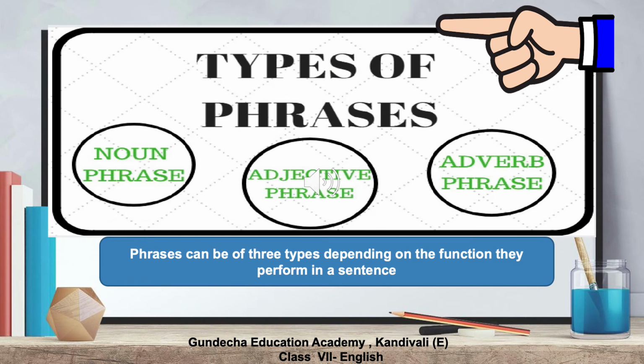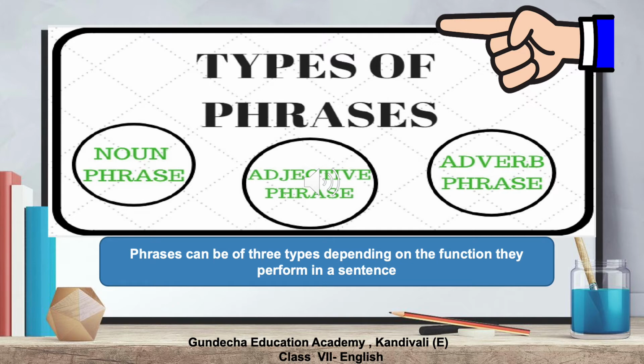Okay children, now that you have learned how to identify phrases, let me tell you that phrases can be of 3 types depending on the function they perform in a sentence. So if a phrase performs the function of a noun, it is named as a noun phrase.